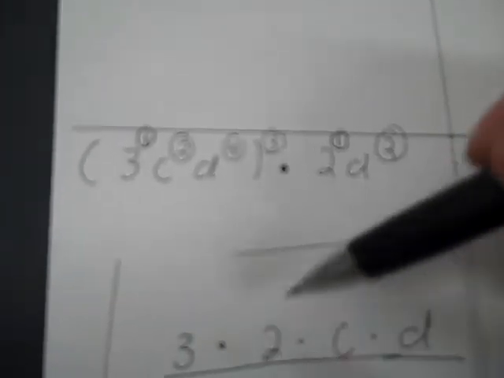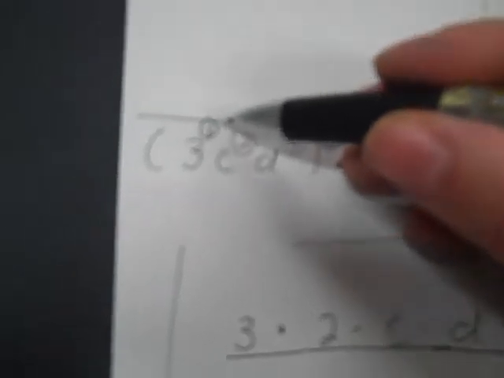Okay, my next problem. This one's a little bit different than you're used to. I have a big 3 from there, a big 2 right there. And then the variables I have are C and D. I don't worry about all the circled numbers, okay? Now I'm going to start worrying about them now that I have all the bases down. So go find your big 3. It's to the 1, but it's in a parentheses and outside's a 3.